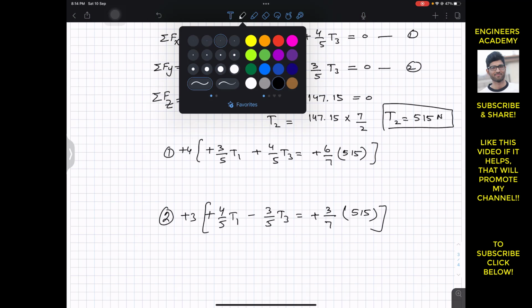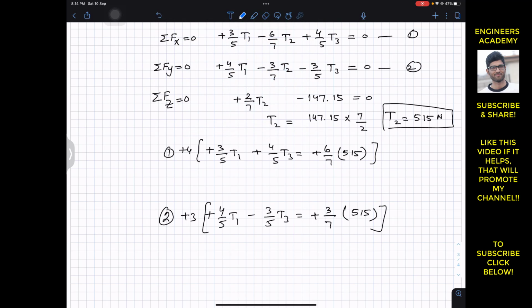So now this will give us 4 into 3 is 12, so we will have plus 12 divided by 5 T1. Now multiply this, so this will be 16 divided by 5 T3, and similarly we have multiplied this 4 with the whole equation, so we will have 4 into 6 is 24 divided by 7, and this is 515.